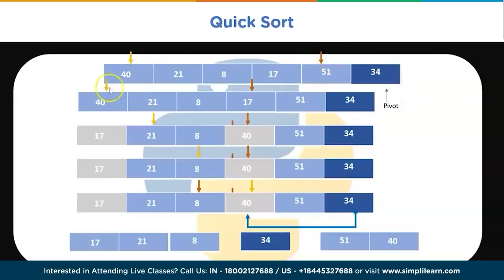So now I will remain static and J will move one element further, which is 17, and it will check whether it is less than 34 or not. If not, then it will stop over here, correct?